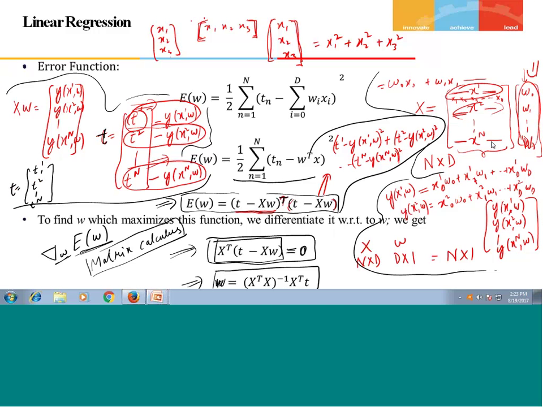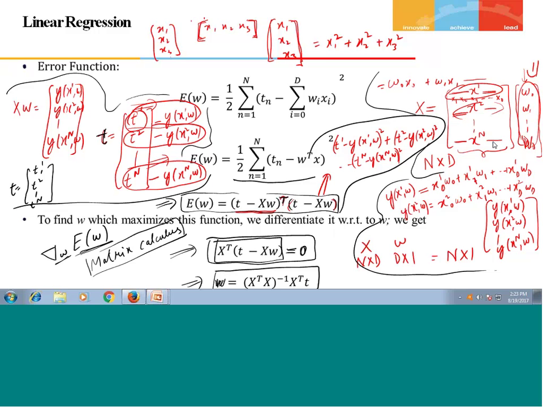Here the half is missing between both. So that half is a constant here. Somebody is asking where that half has gone. Half was there actually, but finally you need to maximize or minimize the function. So if there is some constant, you can ignore it while finding the minimum and the maximum. So a half is just a constant. You can ignore it.